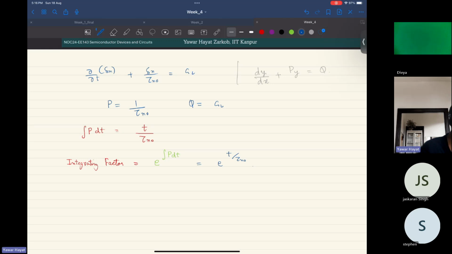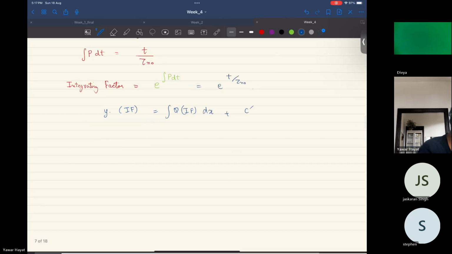So we write the following. We write y times integrating factor, right? How do we solve for this? Y times integrating factor is equal to the integral of q times integrating factor, to be integrated with respect to x, plus c prime, right?